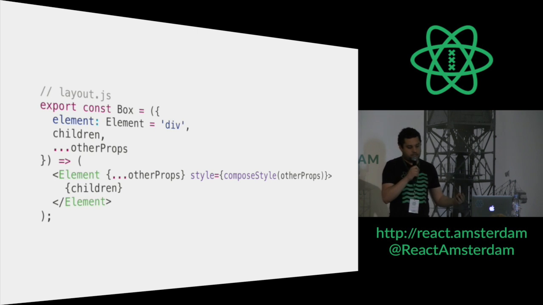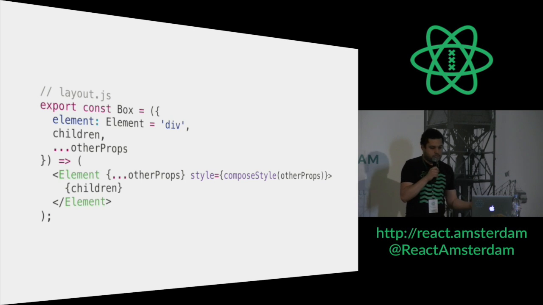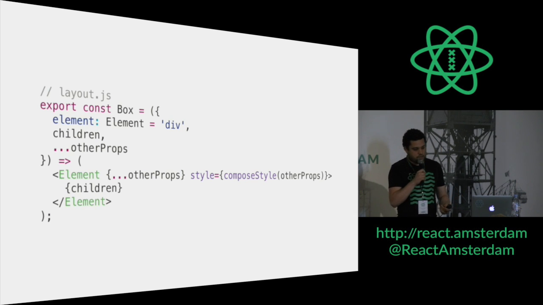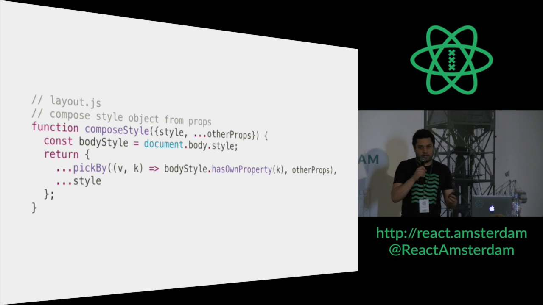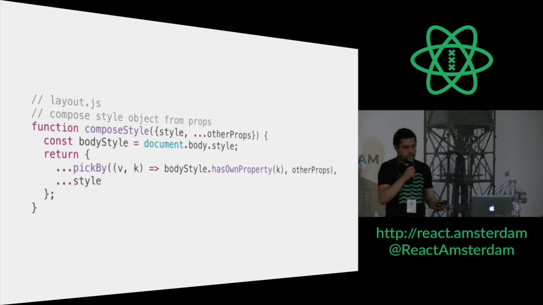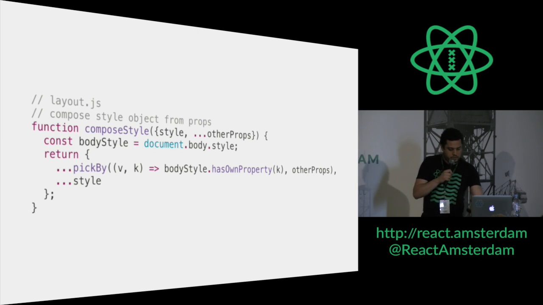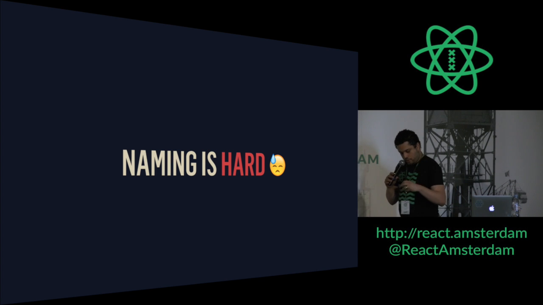Then you can have a link, you can have an image, and you can pass properties and override the properties as well. And what this compose style does is just make sure that we are picking the right style property. So when you pass a property to the component that's not a style, it's not going to apply to your style.